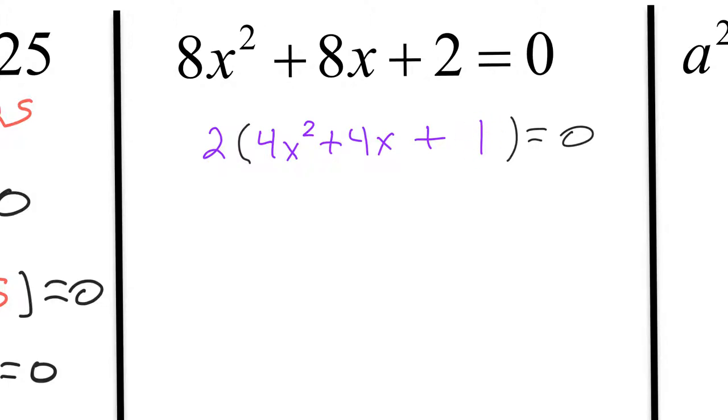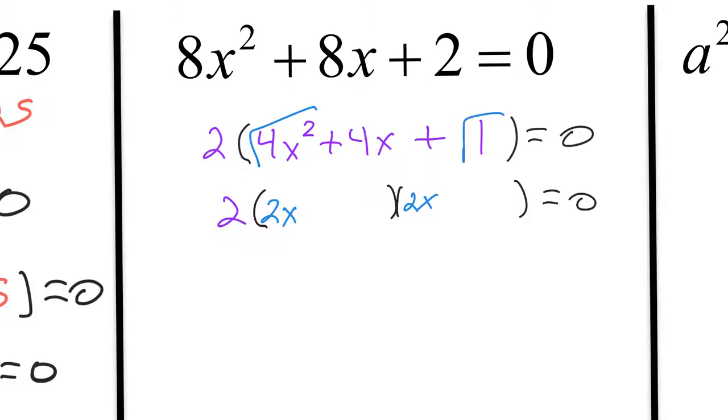So you can factor. I'm going to have my 2 parentheses right here equal to 0. Let me put the 2 outside. And then I'm going to take the square root of 4x squared. That'll be 2x, and the 2x here. The square root of 1 is 1 and 1 here. And the middle term is plus, so you put a plus here and a plus over here.